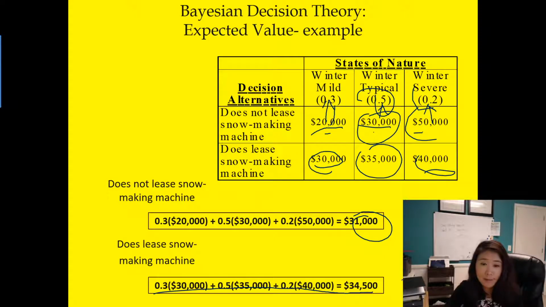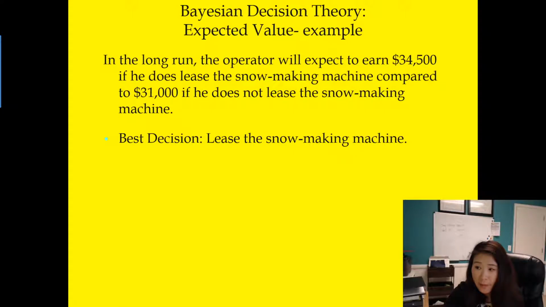So this is the expected value. Now what is your decision? Obviously the decision criterion is that you choose the one that gives the highest value. Therefore, based on the expected value, you will lease the snowmaking machine, because that gives you $34,500.